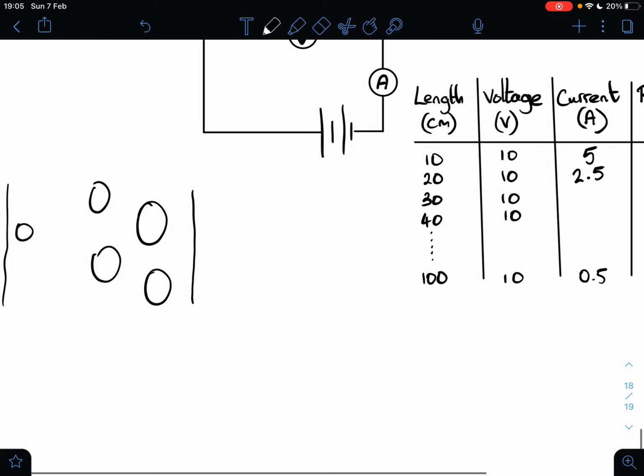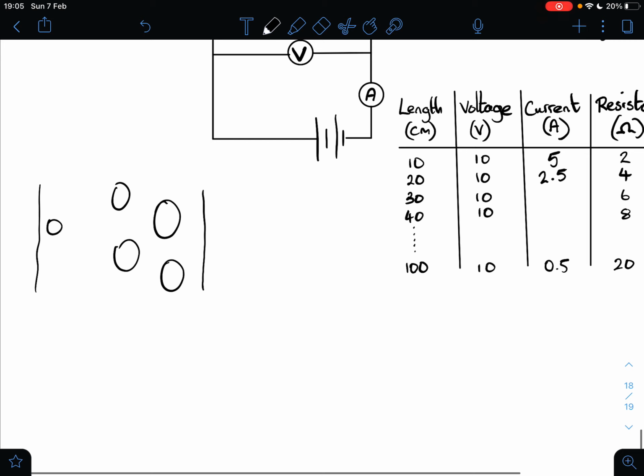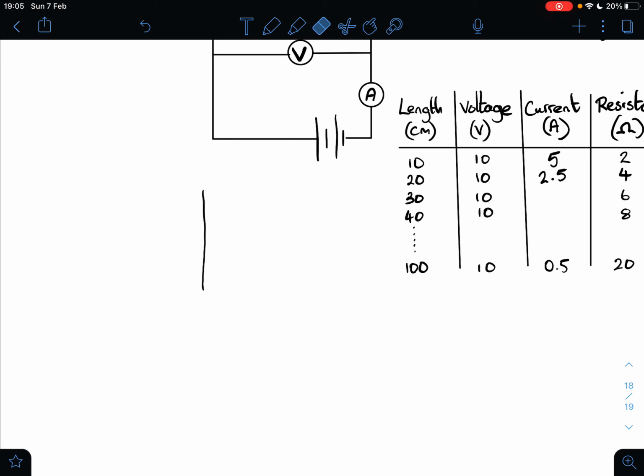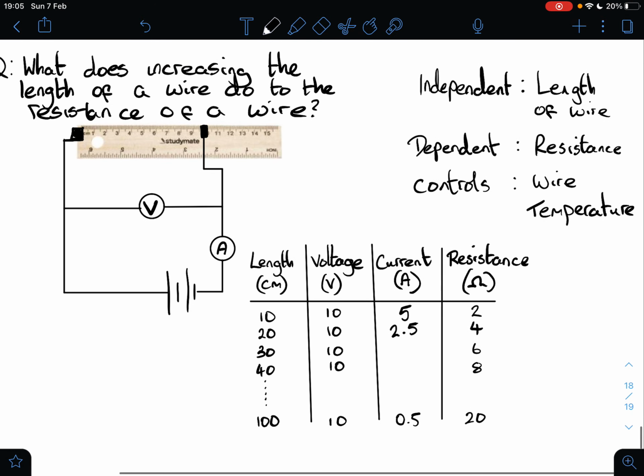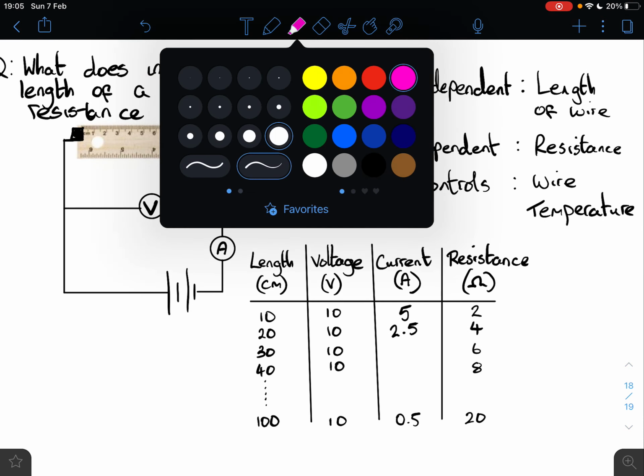And if we plot that as a graph, let me get rid of my little rugby game a minute, wipe out the players. If we plot a graph, we get the straightest graph you ever see in an experiment, if you've done it correctly. Along the bottom, we have length in centimeters. That's the one I'm going to change, my independent variable. Let's color code it.